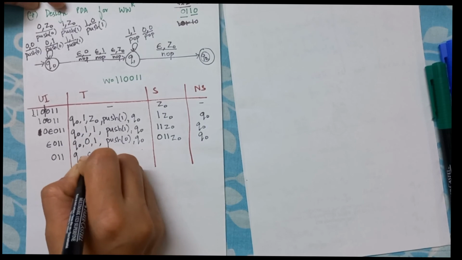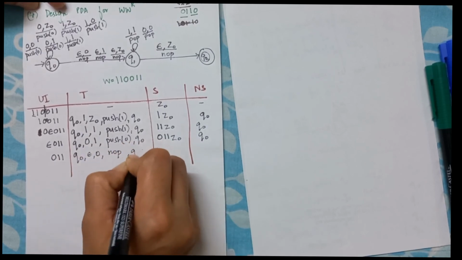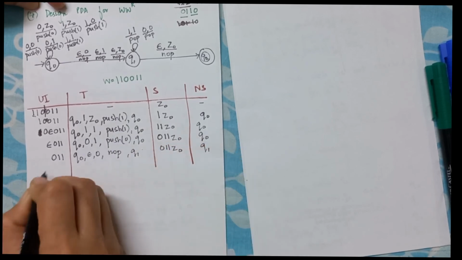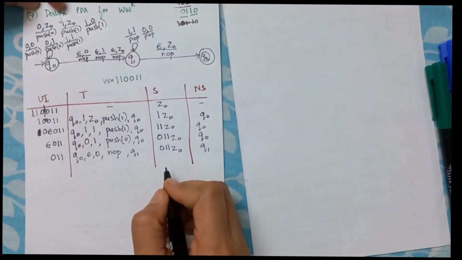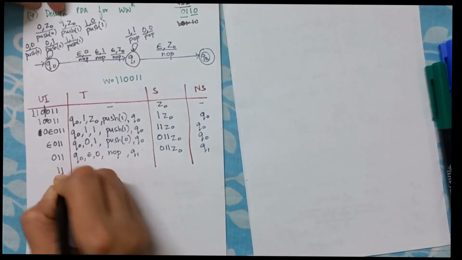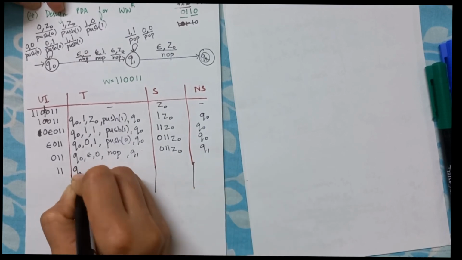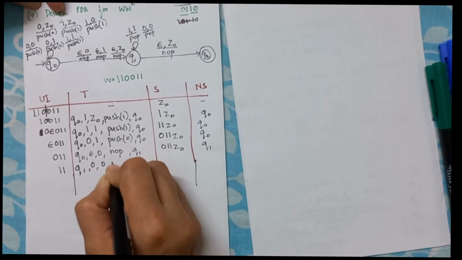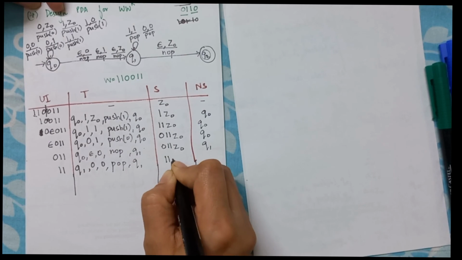Q0 with epsilon, 0 is the stack top, no operation, just move to the next state. Now I am reading a 0. Now if 0 is the stack top, I pop. Q1 with 0 and 0 is the stack top, so I pop. I get 1 1 Z0.